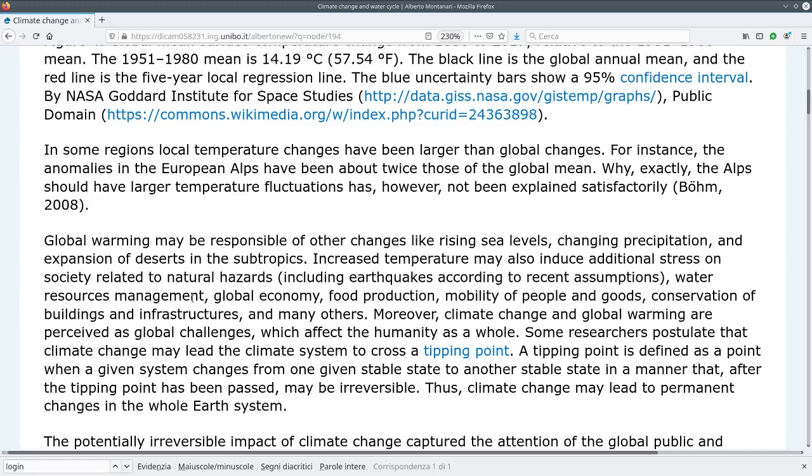Actually, if you look at the observations, we see that the average rainfall is not increased in several places in the world. Rainfall is measured with accuracy on the long time scale.